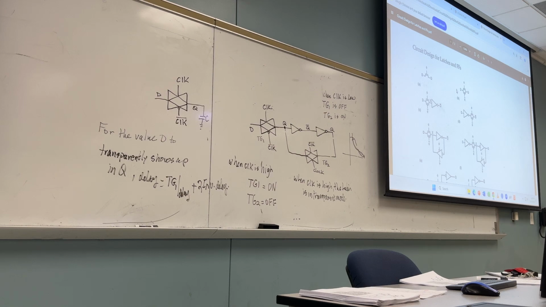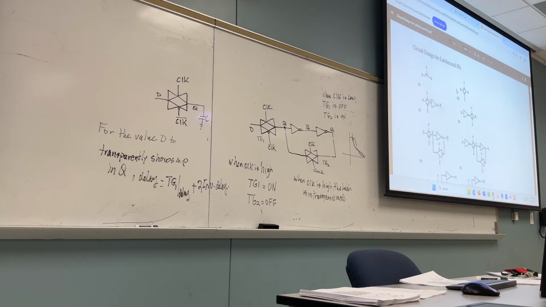Because there is a slight delay between the clock and the clock bar. Both TGs are going to be on at the same time. There is a conflict at the output of the TG1. Why? The TG1 is trying to pass a 1. But the feedback is feeding back a 0. Did you get it or not?